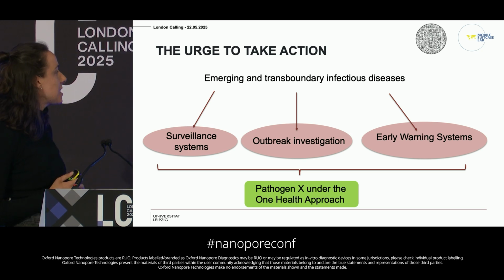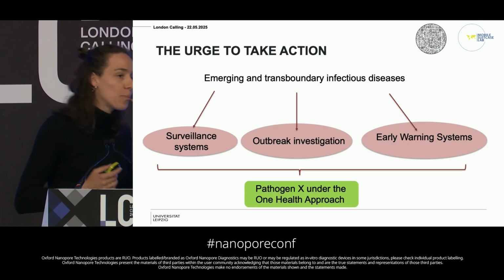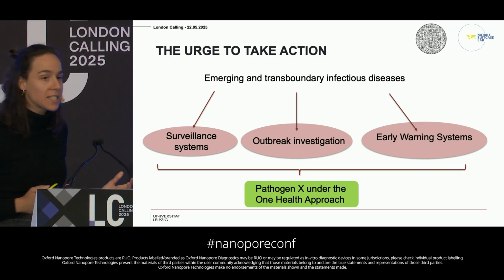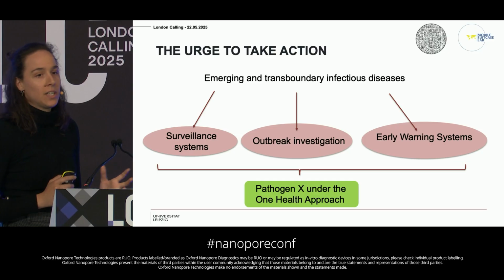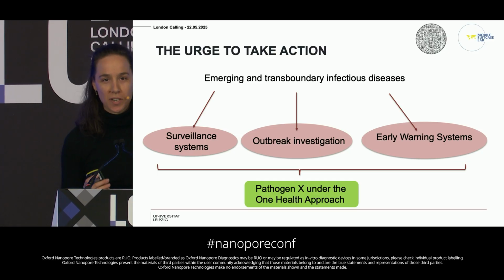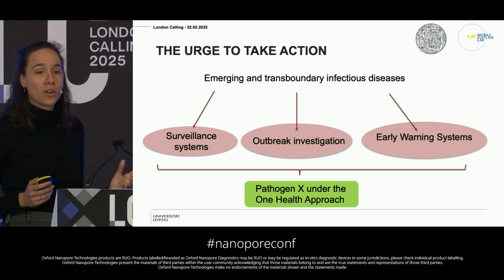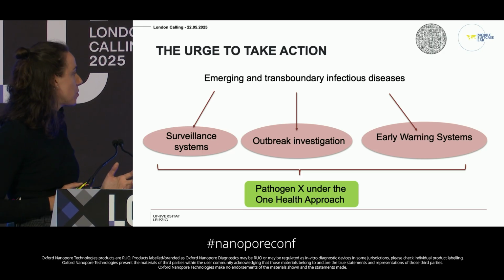For this pyramid, let's say, so we have classical surveillance systems, we have active outbreak investigations, we have early warning systems that all together kind of try to give you knowledge and expertise towards this pathogen X preparedness, right? But this in the field, of course, is quite difficult to get.